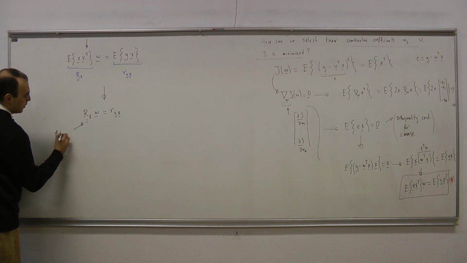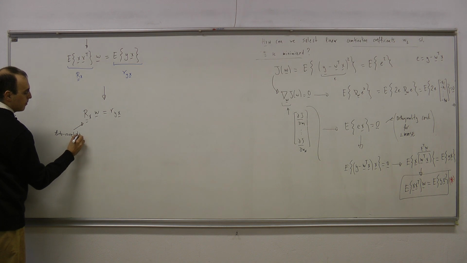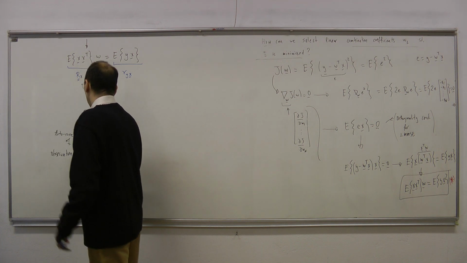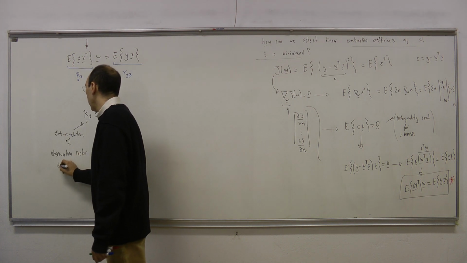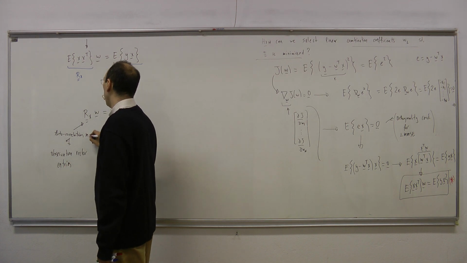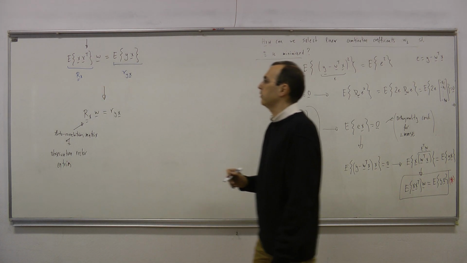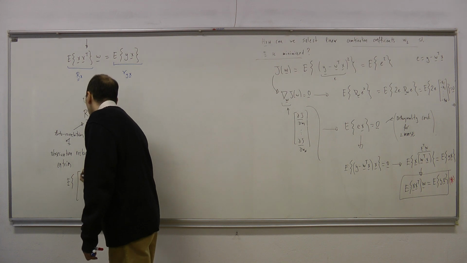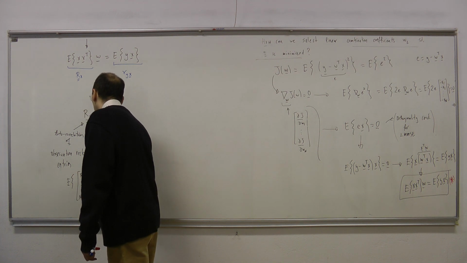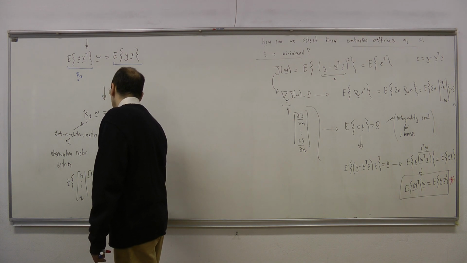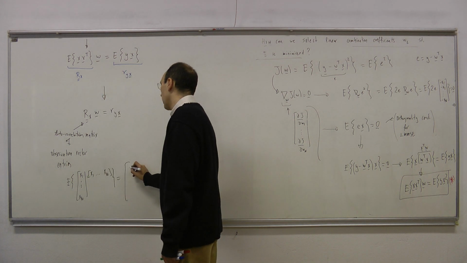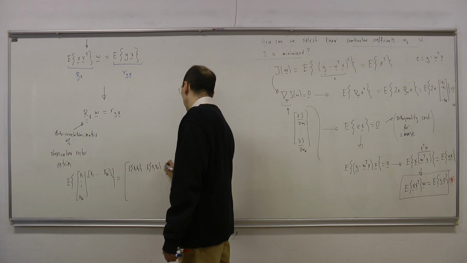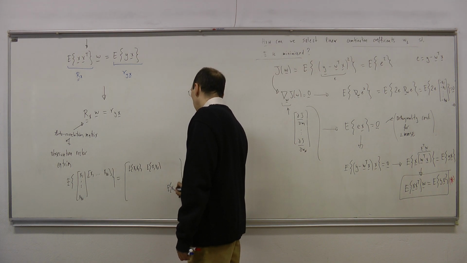So this is the expected value of x1 up to xn times x1 up to xn, and clearly, this is expected value of x1 x1, expected value of x1 x2, and it goes like this, expected value of xn xn.